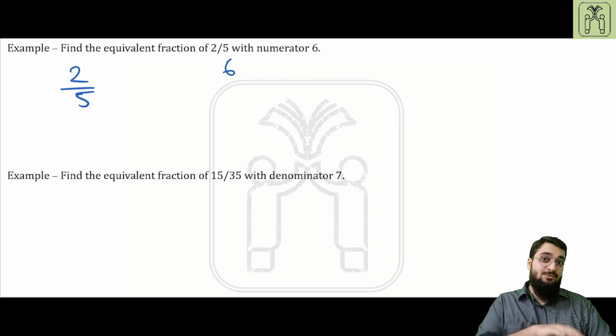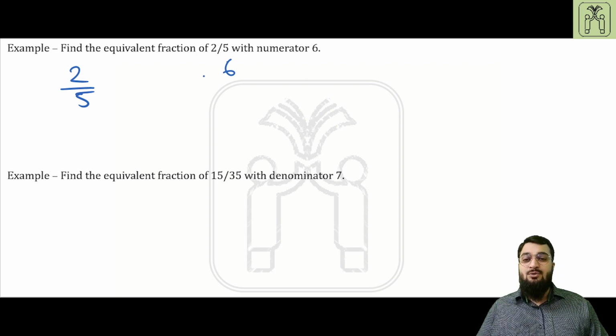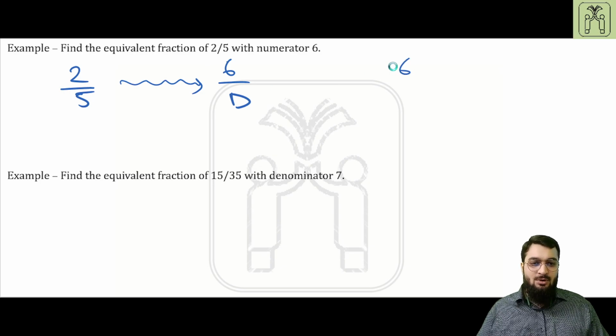That is the task which is given to us. So what we have to do is find the denominator in order to find the equivalent fraction for 2 upon 5. So 2, how many times will be 6? Nothing to worry about. Just divide 6 by 2 and you will see that it is 3 times. Therefore, 2 into 3 will give you 6, and 5 into 3, the same multiple will be used, and the denominator will be achieved, that is 15.